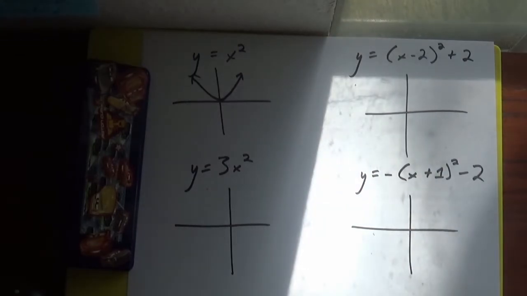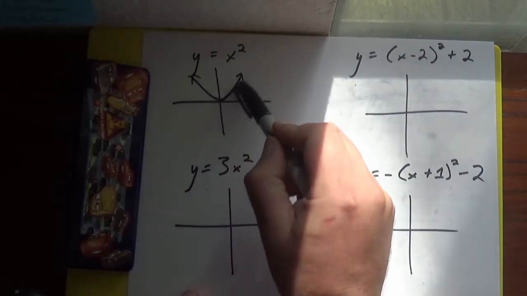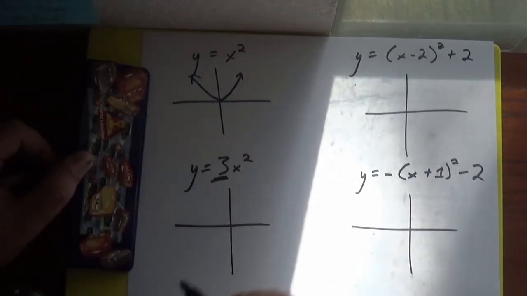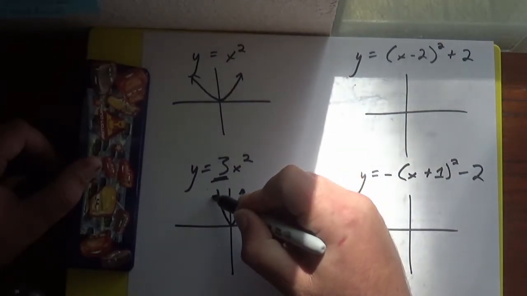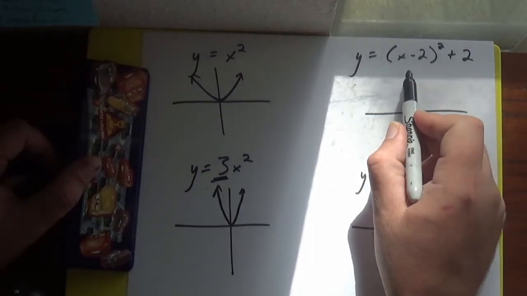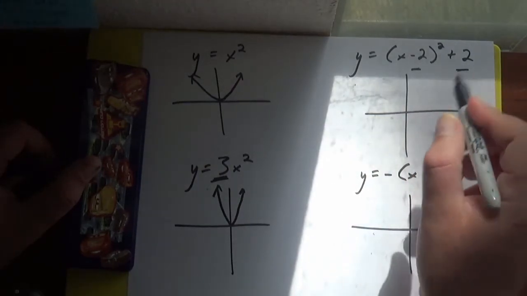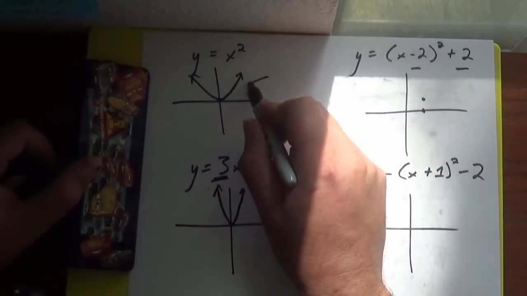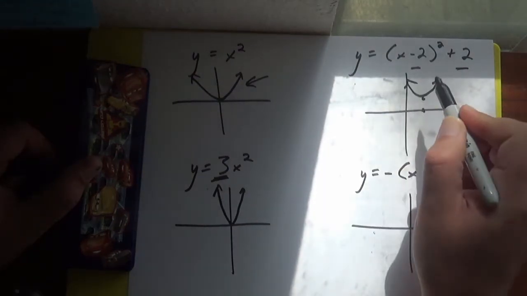Now, for quadratics, your parent function, it just looks like a U, and it hits the origin right there. Now this one, a is bigger than 1, so it's going to make it skinnier. And this one means we're going to go to the right 2, and we're going to go up 2. So we'll go to the right 2, go up 2, and then it's going to look just like this, but over there.